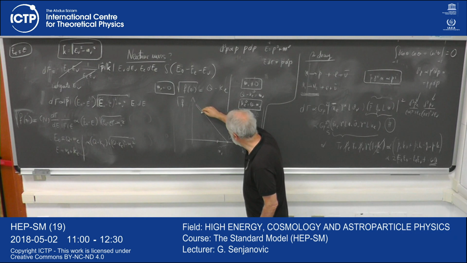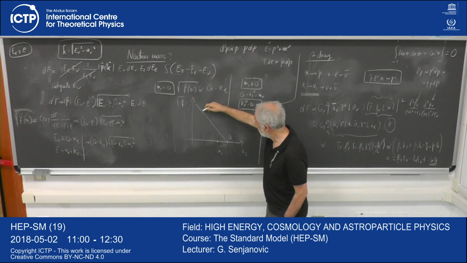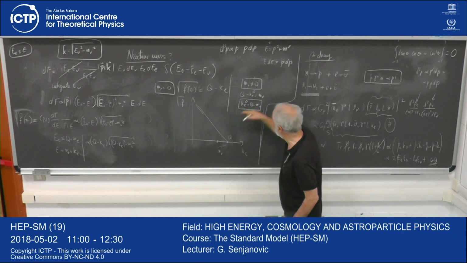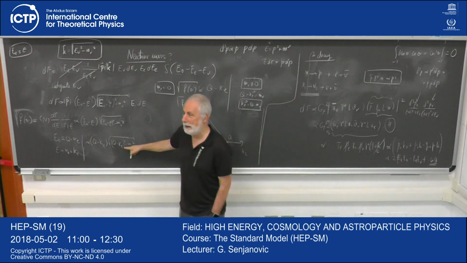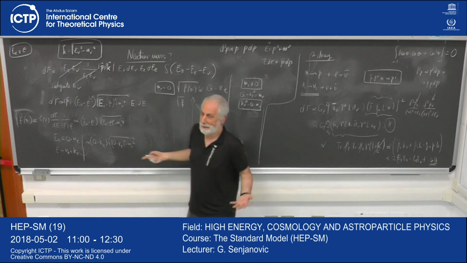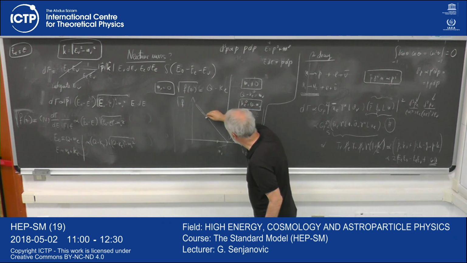And if you go like this, in the beginning, this becomes of course appreciable when I'm near the end point. So it goes like this, this is a hypothetical thing.